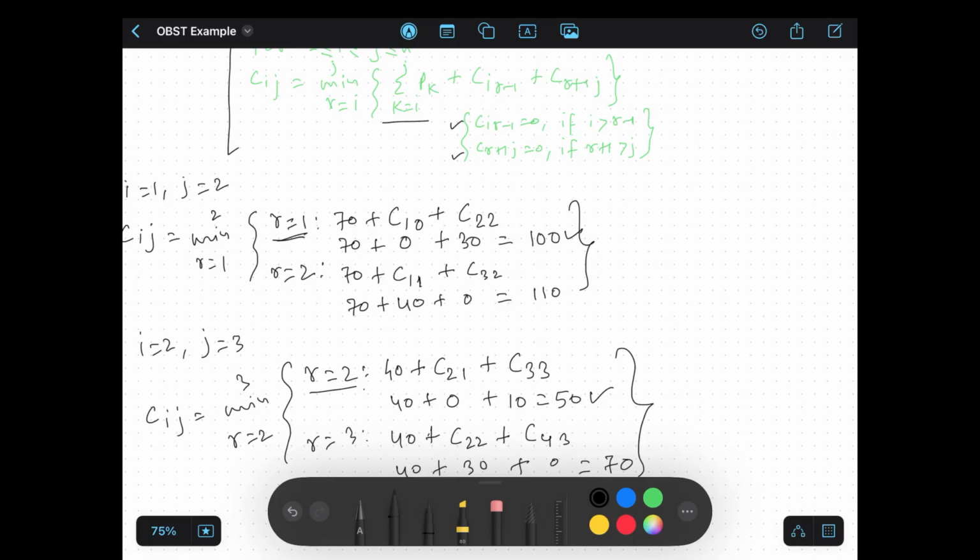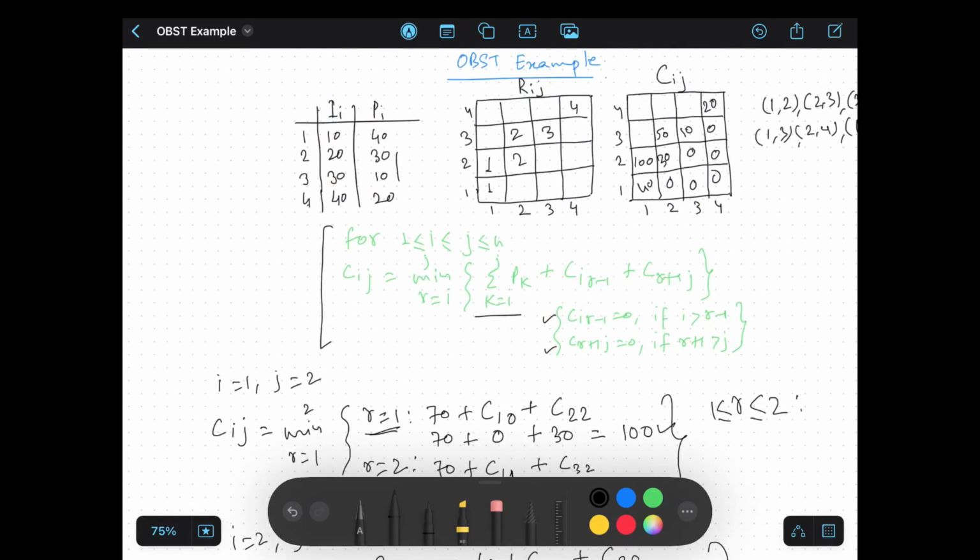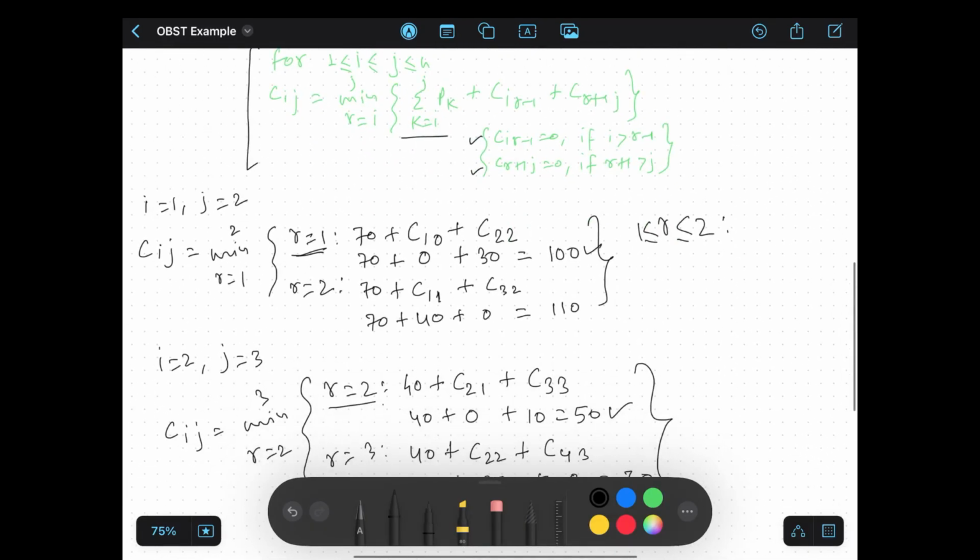So for example, if R is between 1 and 2, this means we are trying to find all the combinations of item 1 and 2. Item 1 and 2 is 10 and 20.